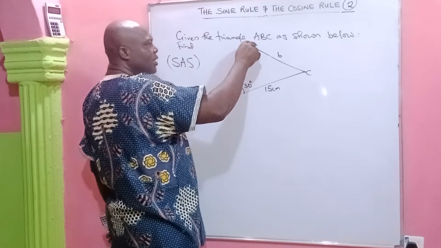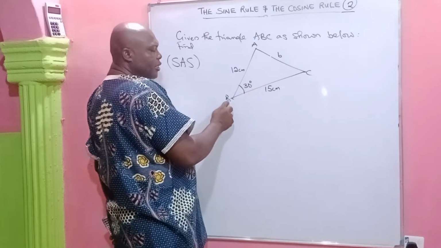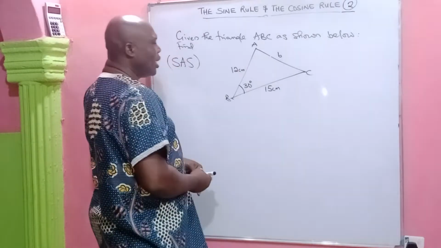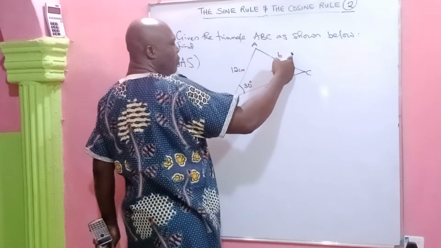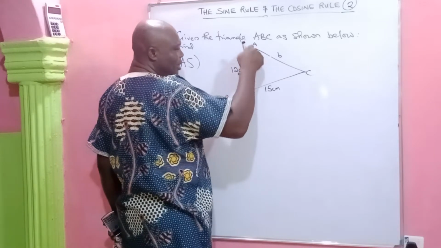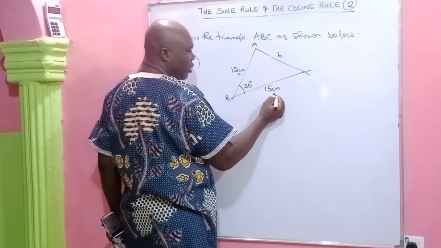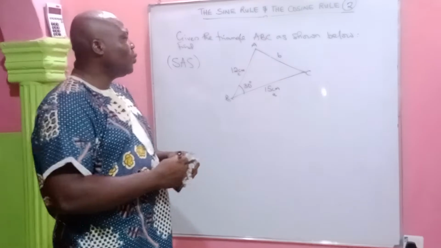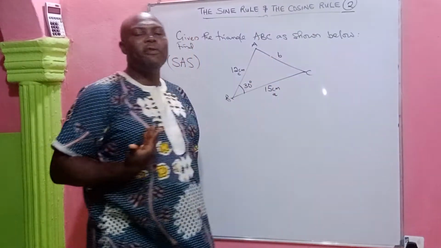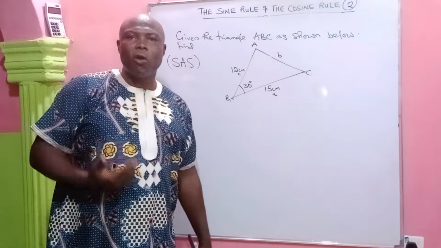Note that if this is A, this is small a. If this is B, this is small b. And if this is C, this is small c. So let's note that this is small b, here is small c, don't forget, and this side is small a, don't forget also. The other formula for the cosine rule is when you're looking for the angles.